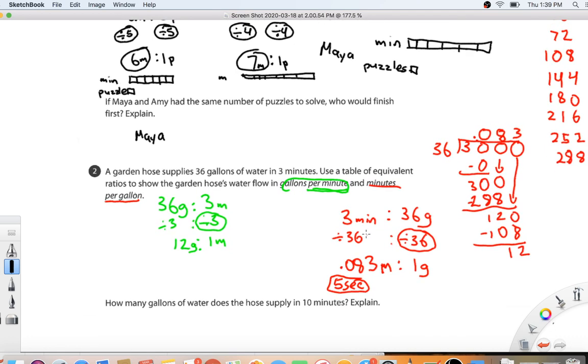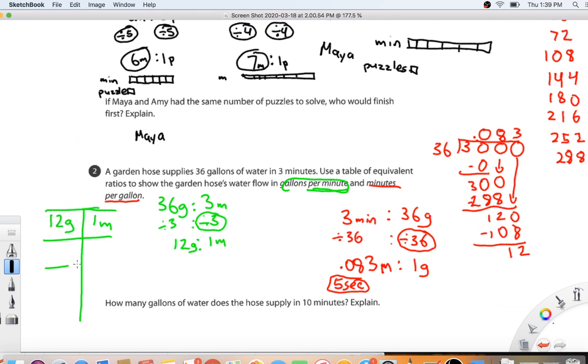Now, let's do the gallons per minute. If you were to do a table of equivalent ratios with this ratio, because it's much nicer than the one over here, we would do 12 gallons per 1 minute, a table going down.